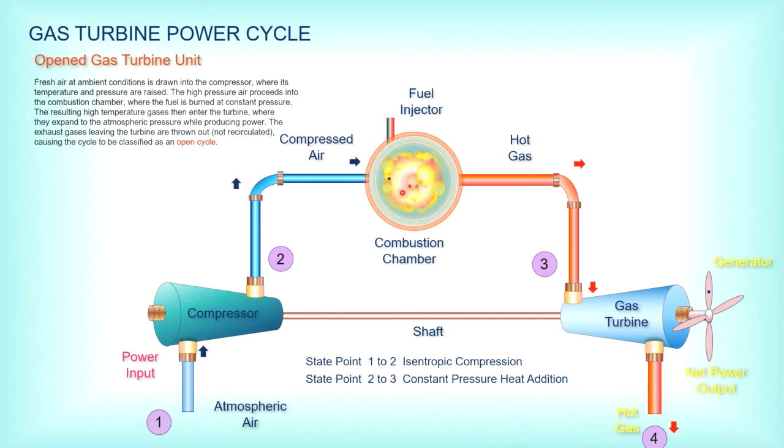When this takes place, the mixture of air and fuel burns, and then it produces heat energy. The third process is from state point 3 to state point 4, where the working fluid will undergo isentropic expansion. Again, I repeat, isentropic means constant entropy, no heat flow involved.